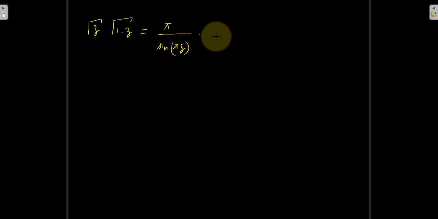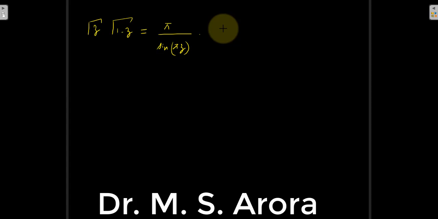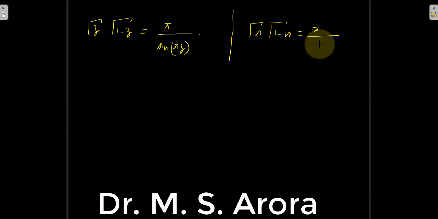Gamma z, gamma 1 minus z equals pi divided by sine pi z. If you recall, you have already seen this result in your BSc Part 1 Calculus course, and the similar result was gamma n, gamma 1 minus n equals pi divided by sine n pi.